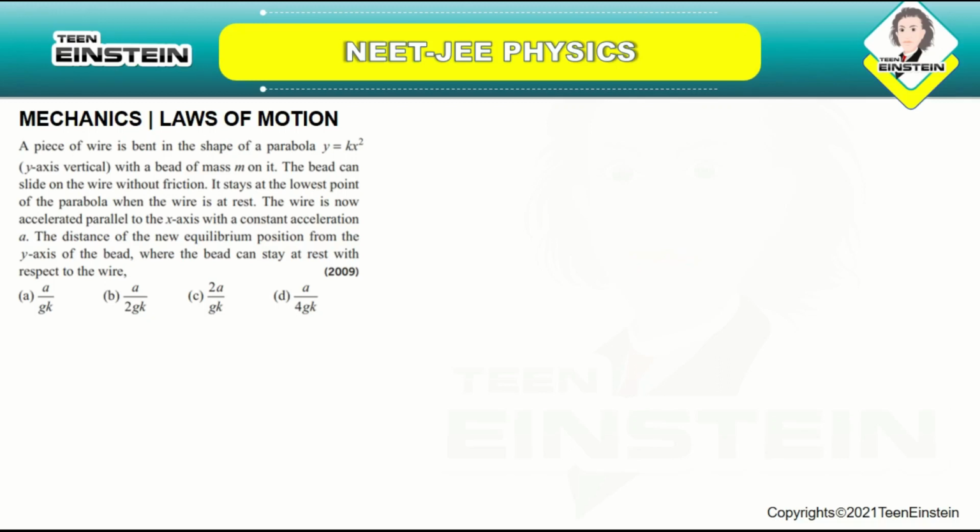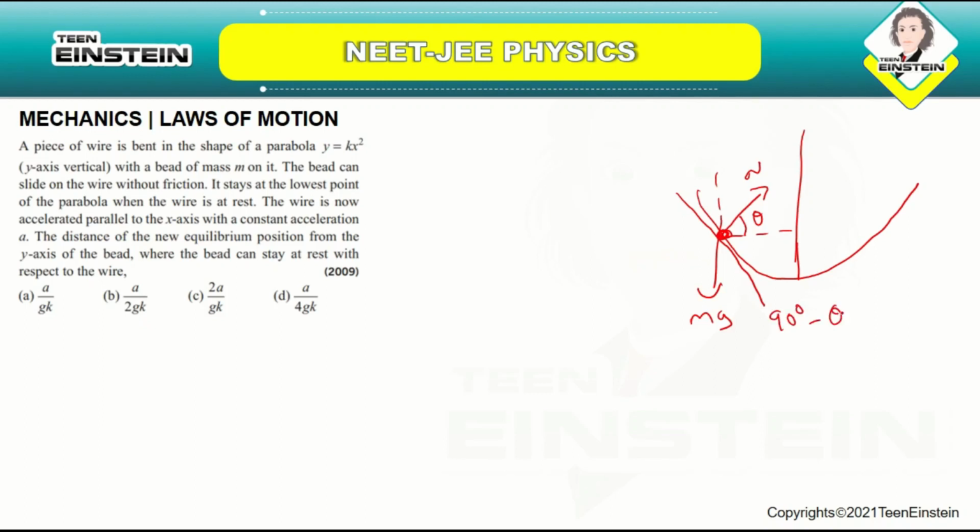So you can draw the diagram first for better understanding. So here they are saying the piece of wire is bent in the shape of a parabola. So you can draw the parabolic shape like this, and they are saying the bead can slide on the wire without friction. So you are having the bead over here which can slide over it without any friction, and here you are having force like this, and this is mg, and you are having here 90 degree minus theta.